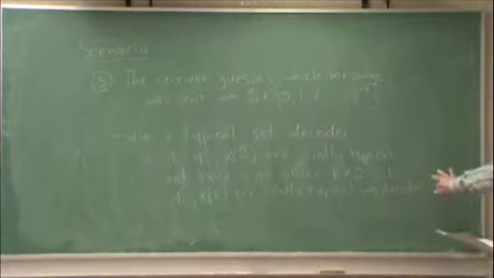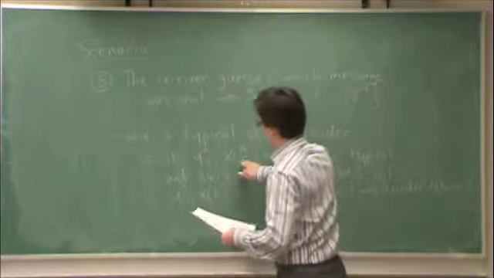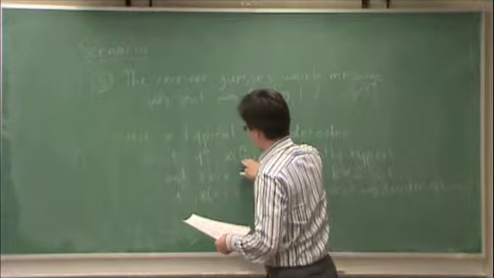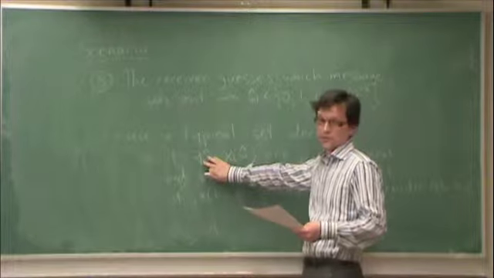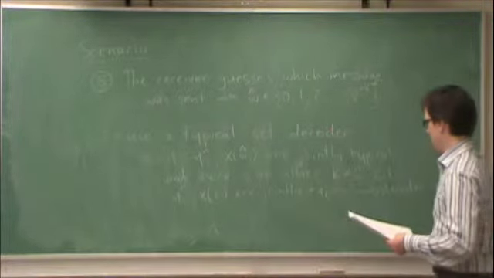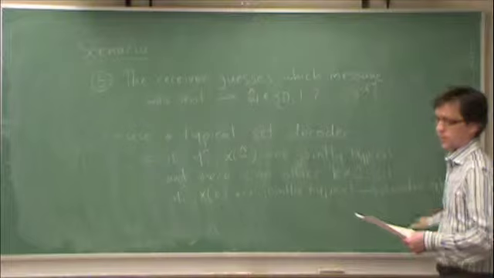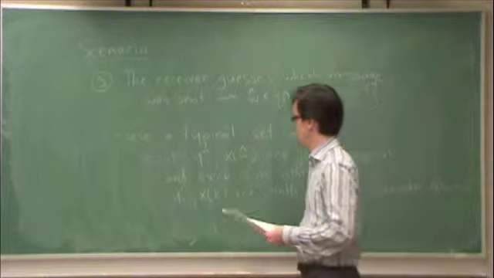So if there's a message so that there's exactly one code word that's jointly typical with what you observe, then the decoder will report that code word.